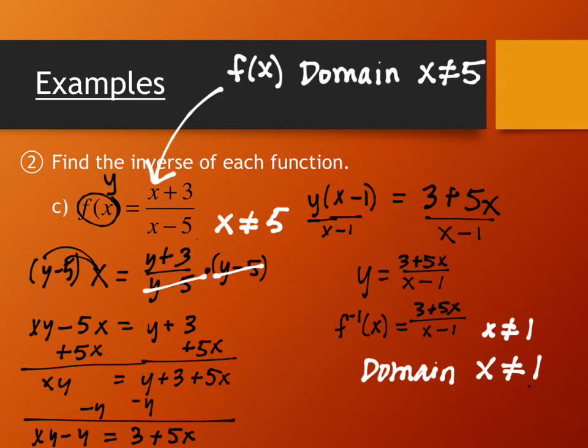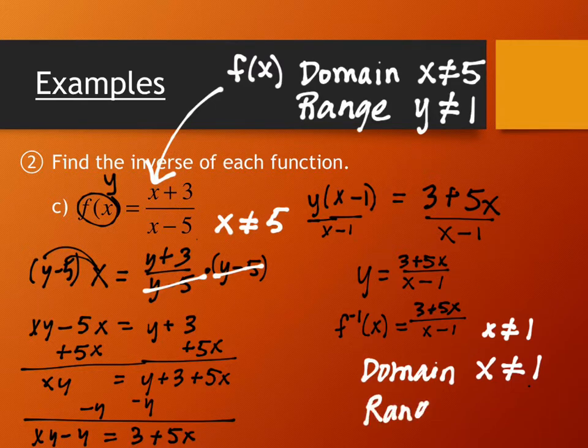So if I want to find the range now, back up here for f of x, it's going to be y cannot equal 1. And if I'm finding the range for f inverse, it's going to be y cannot equal 5. Because x's and y's are just switching.